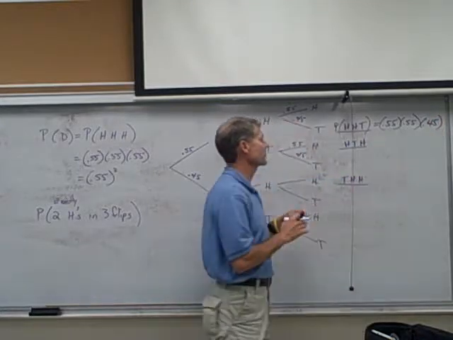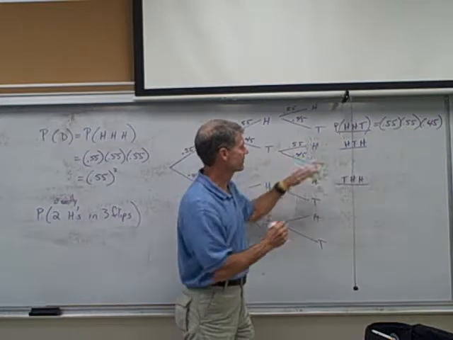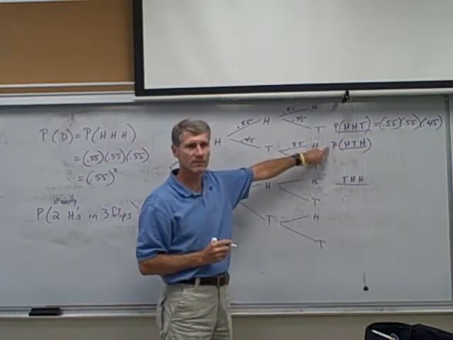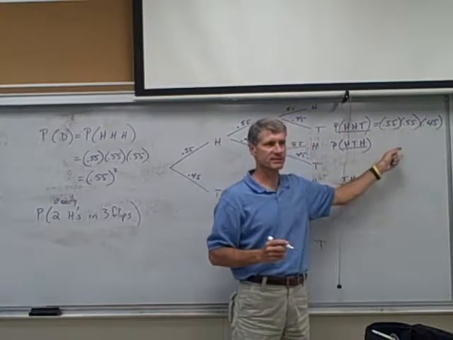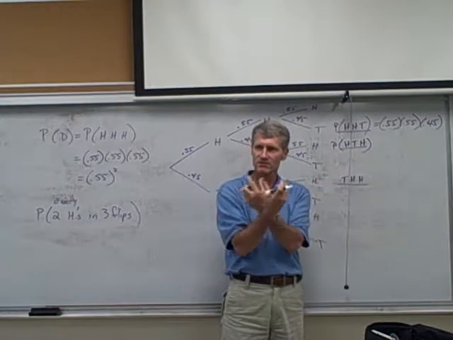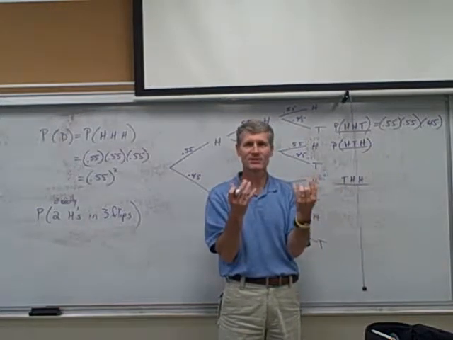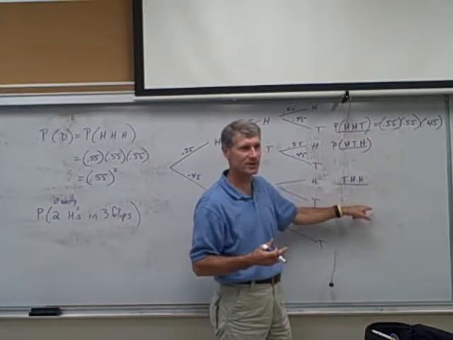Again, you multiply the probabilities along the tree to get to that branch. So what's the probability of this one? Same thing, but the 0.45 is in a different place. But multiplication is, what's that word? Commutative. Multiplication is commutative. So this probability is going to be exactly the same as those, right?